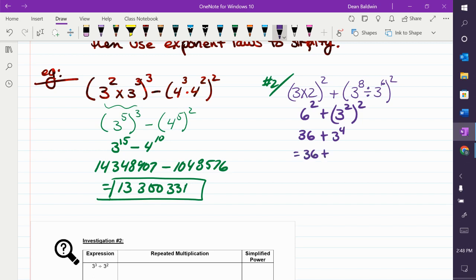It means 3 times 3 times 3 times 3. 81. And then just add them together. So simplify the brackets. If the numbers or the bases are different, it makes sense to combine them, do that operation. If they're written as the same base, use your exponent laws to simplify first. One more and then we're done.